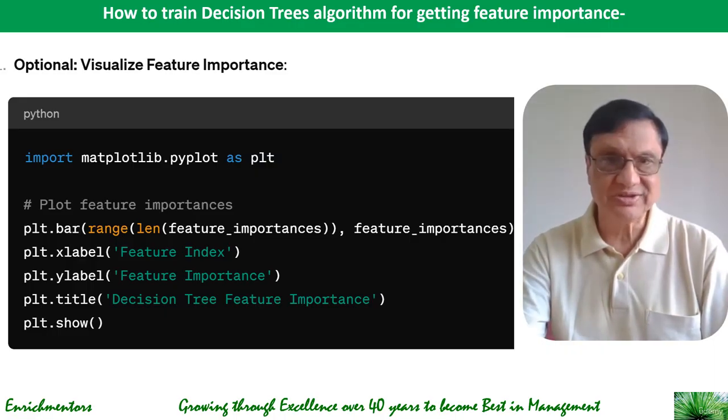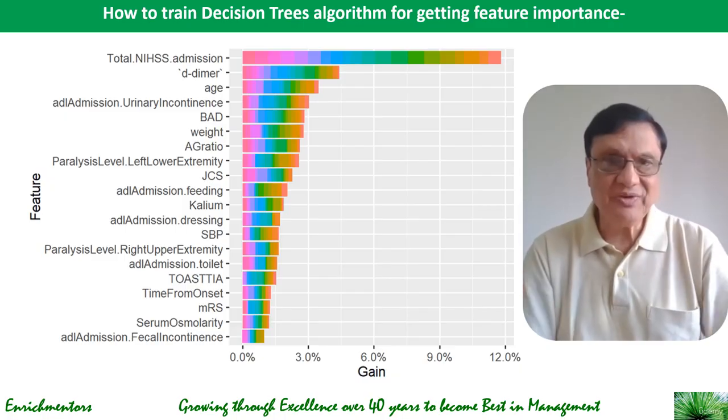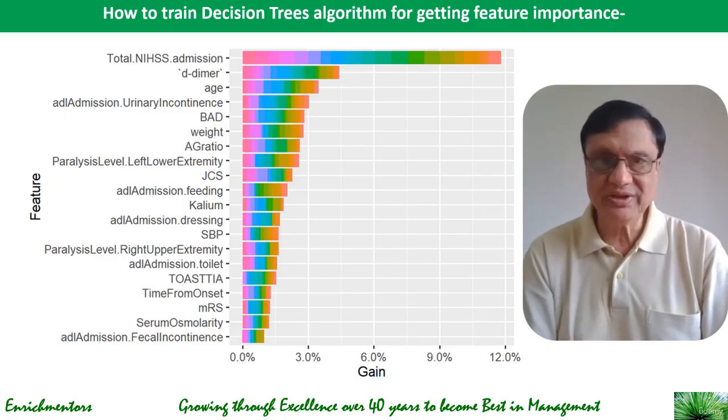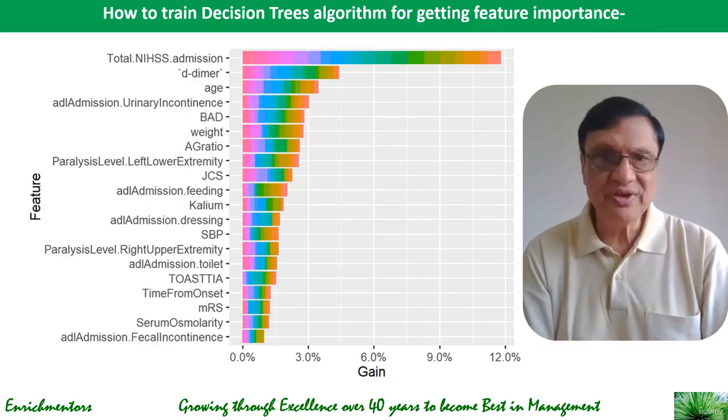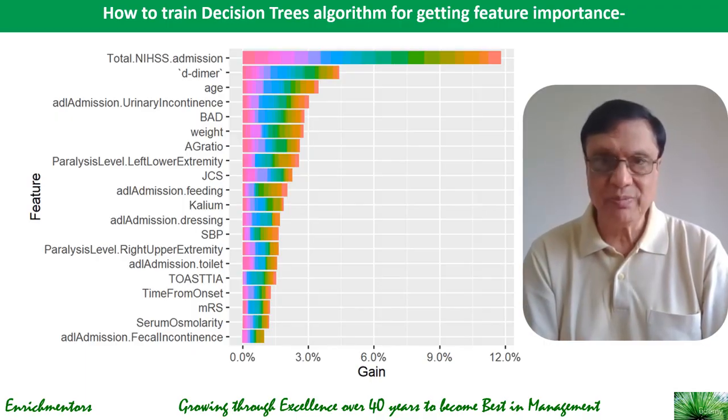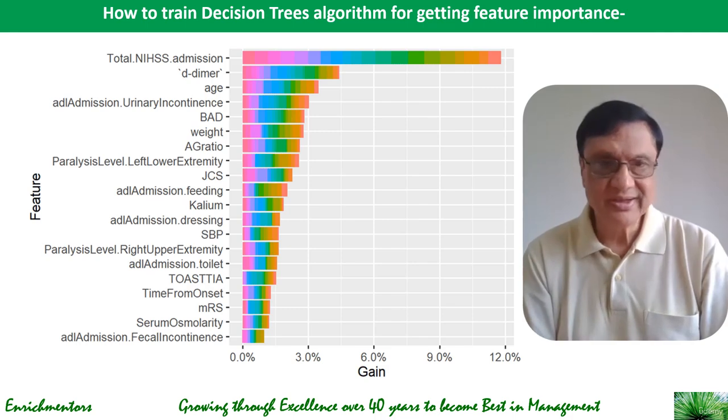So use these commands. After obtaining the feature importances and visualizing them, you can interpret the results to understand which features are more important for the model. Higher values, as you see illustratively in this chart, indicate more important features, while lower values indicate less important features.